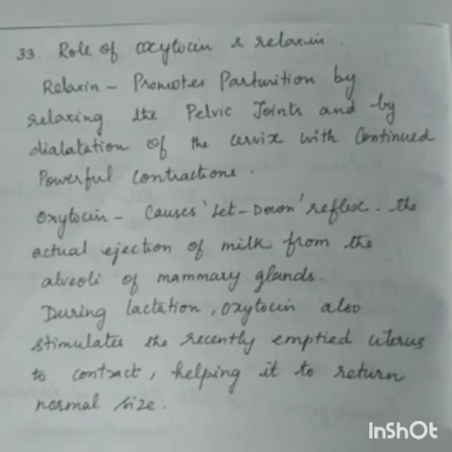It helps in the ejection of milk from the alveoli of the mammary gland, and stimulates the recently emptied uterus to contract, helping it return to normal size. And relaxin helps in childbirth by relaxing the pelvic joints and by dilation of the cervix with continued powerful contraction.